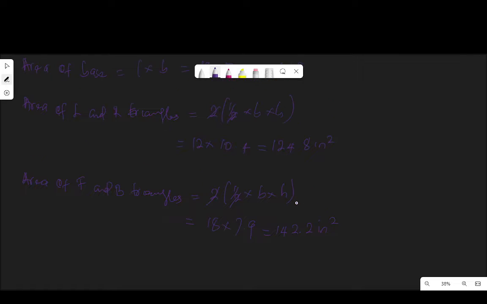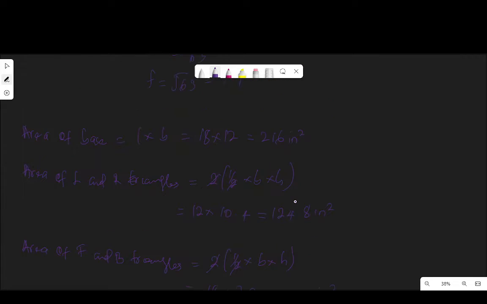So we've known the area of all the faces that make up the pyramid.